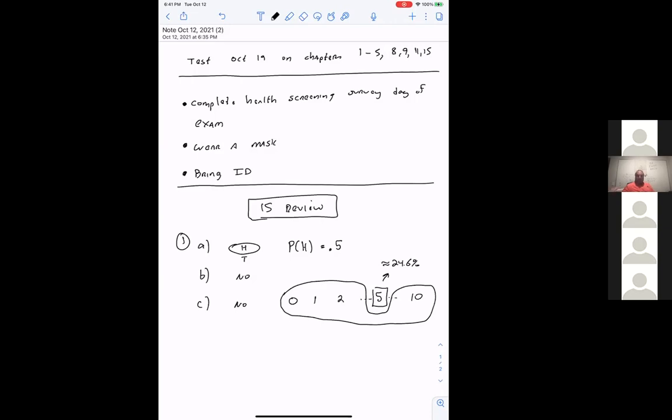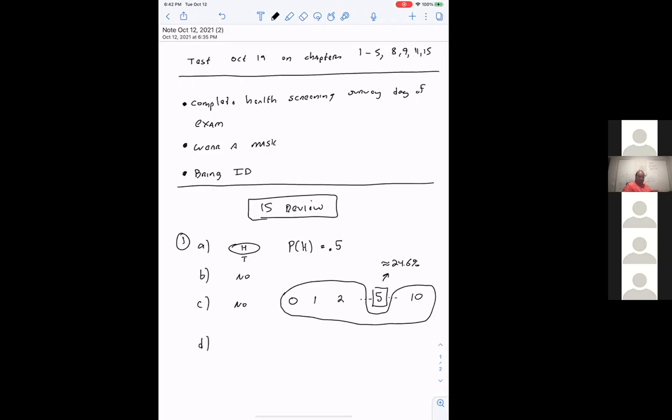So there's roughly a 24.6% chance of getting 5 heads, which means probably I won't get 5 and 5. Probably I'll get something else. But of the 10 outcomes, it's still the most likely one. Does that make sense? Yes.